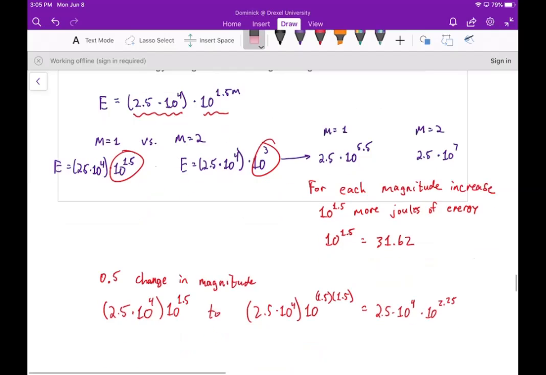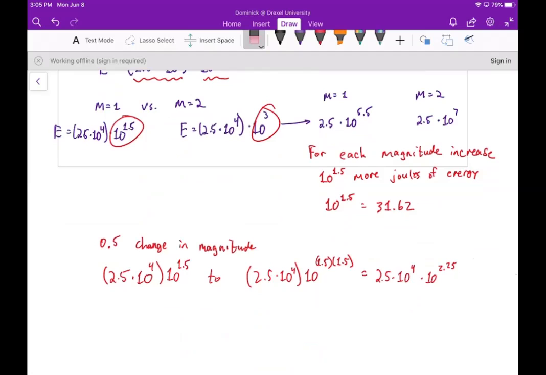So now if you look at this change here, you're going up by 10 to the 0.75, right? And if you increase by 10 to the 0.75, we're going to get about 5.62 times more intense.